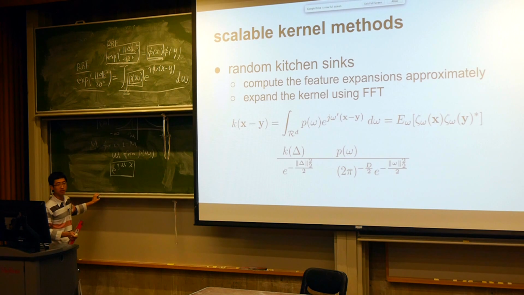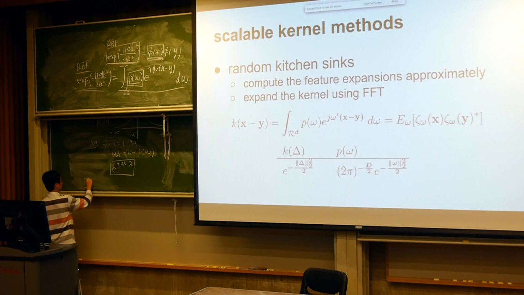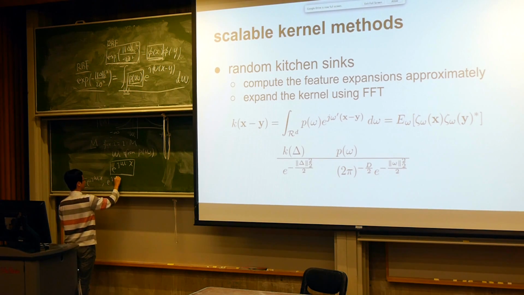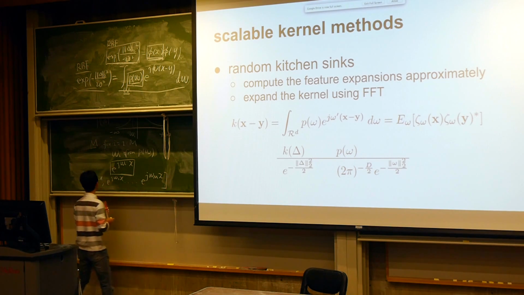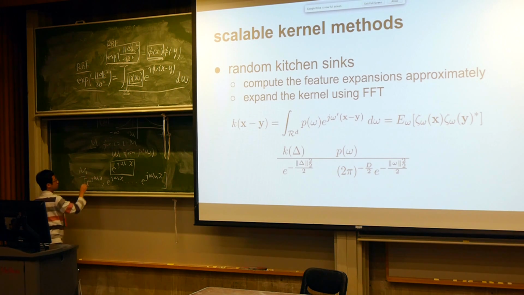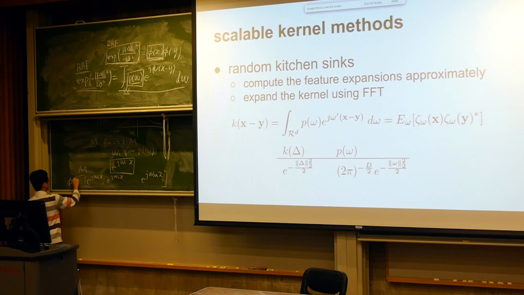After that, we concatenate them together. We use m samples and we get a vector. We can use this as a feature function to approximate the original feature function, which is infinite dimension. We can use m samples to approximate the original kernel. This is how random kitchen sinks works.